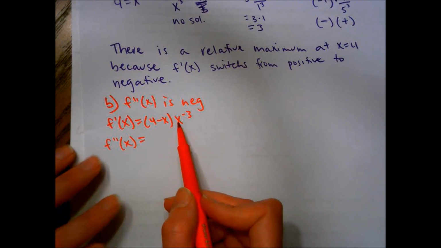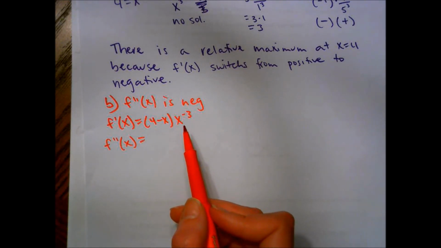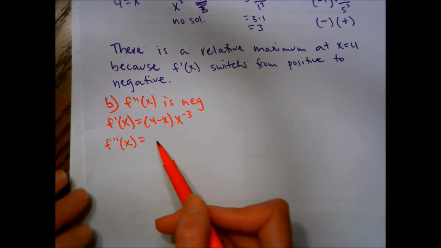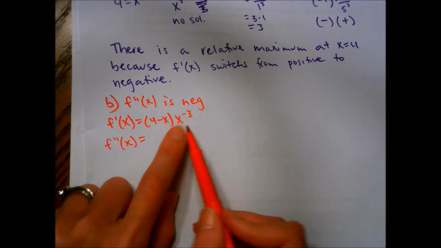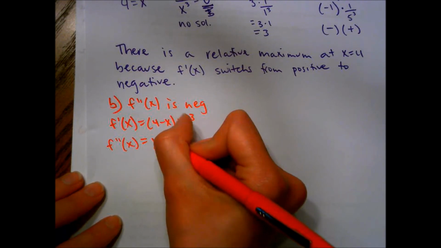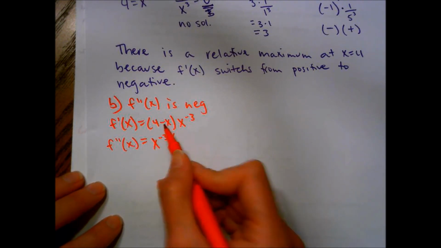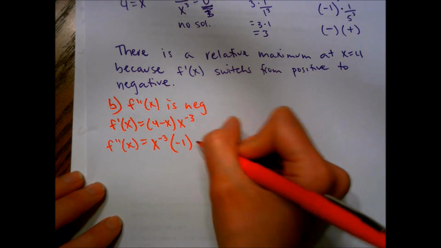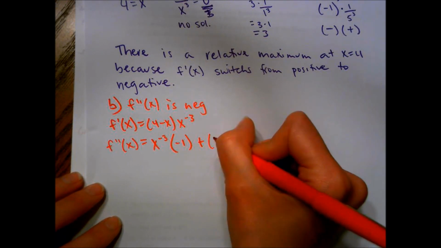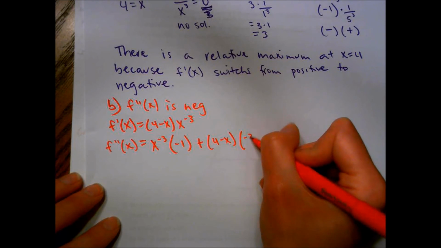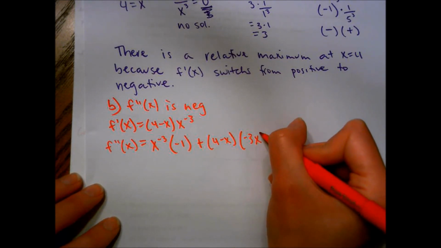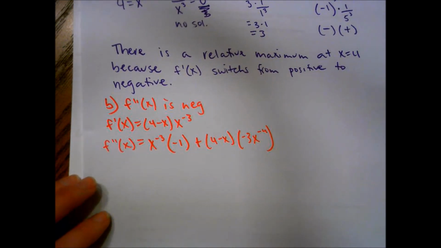Another thing you could do is rearrange this and use quotient rule, but I'm going to stick with product rule. So, original second times the derivative of the first, which would be negative 1, plus the original first times the derivative of the second, which would be negative 3x to the negative 4.